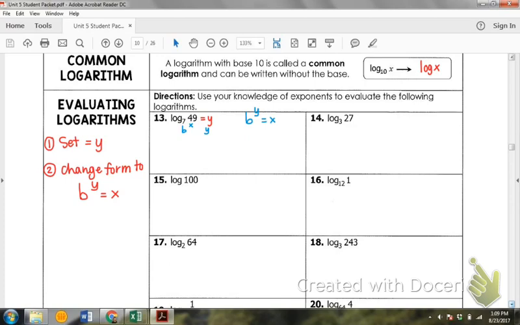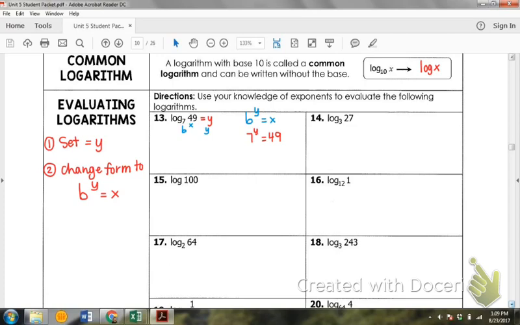So when I change this one, it's going to be 7 to the y power equals 49. Are you guys okay with that? So we have log form, and I'm changing from log form into exponential form. It's just what we worked on the other side of the page.